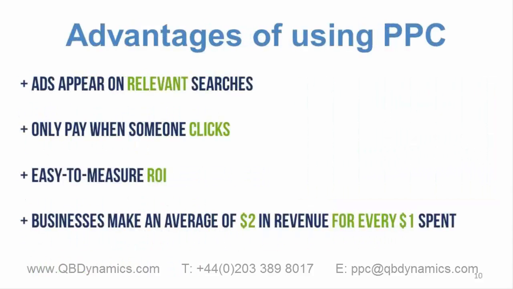So what are the advantages of using PPC? Why has this caught on so wildly? Well, first of all, ads only appear on relevant searches. So when you consider any other form of advertising, you're sending an ad out into the world for somebody to see regardless of whether or not they've actually expressed an interest in seeing that ad.